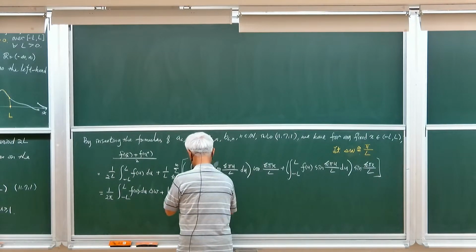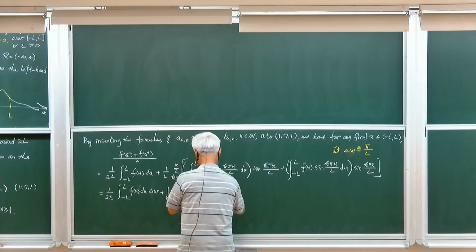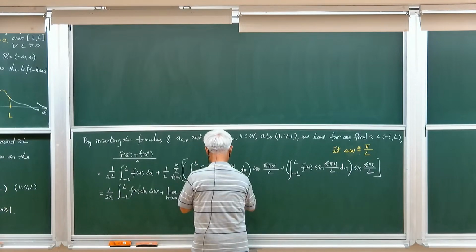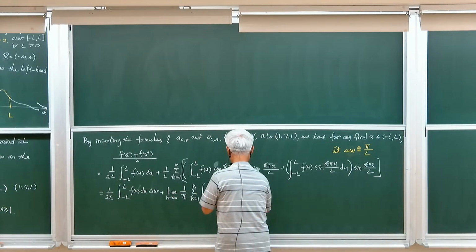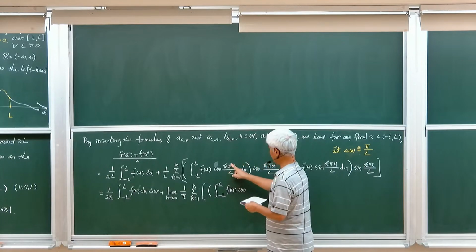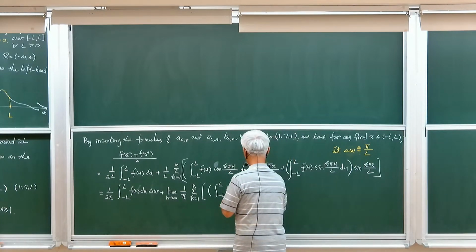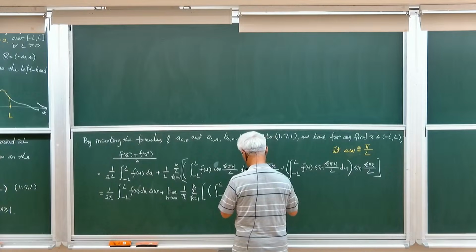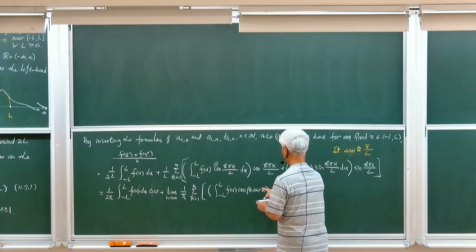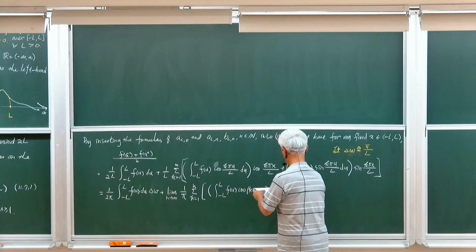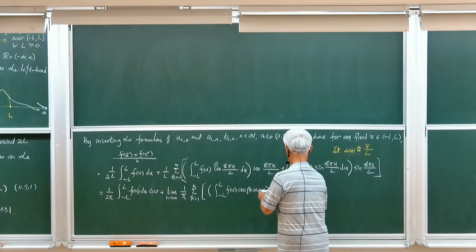Of f(u) and the cosine of k delta omega u, du here, and this is cosine k delta omega x.